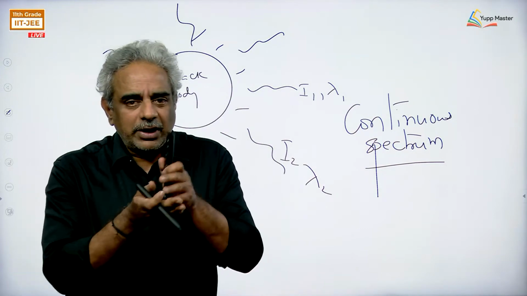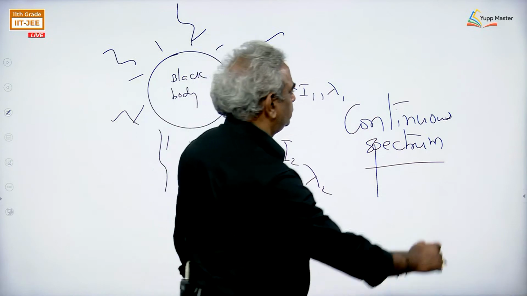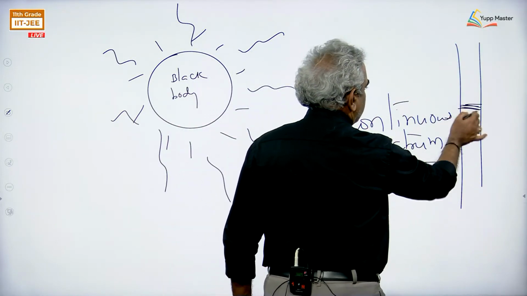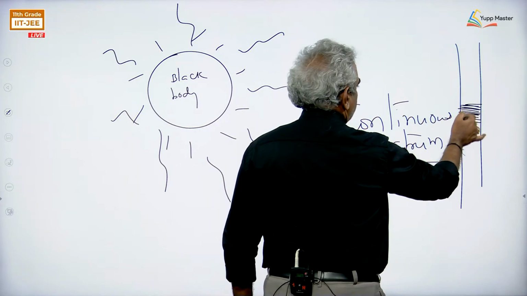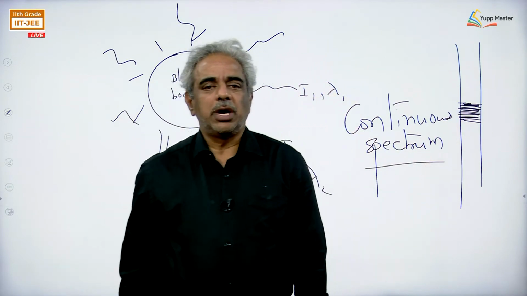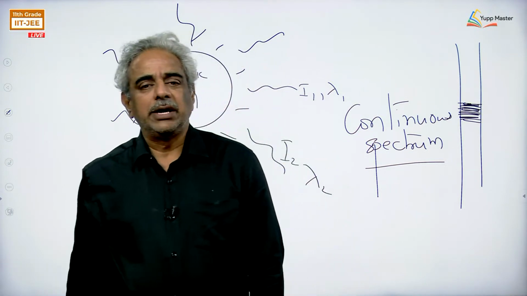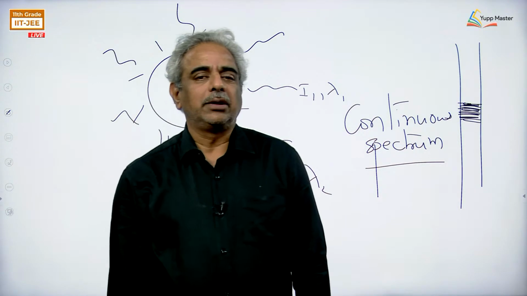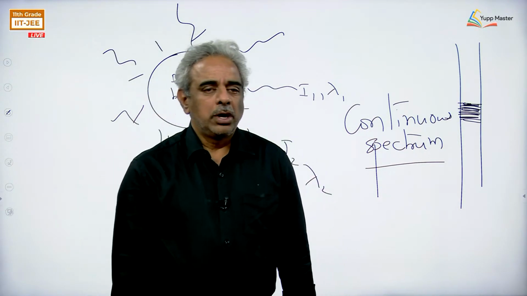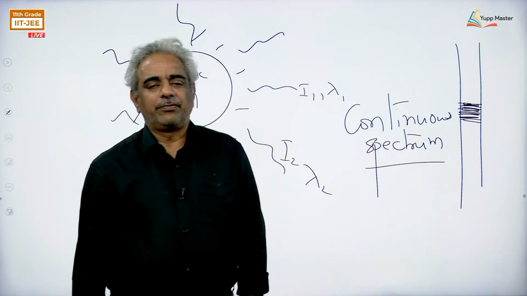So, once wavelengths are very close on the spectrum, you will find all the lines formed very close to each other, which appears as a continuous spectrum, just like your rainbow is a continuous spectrum. Will you find any gap between violet and indigo, blue kind of a thing? Nothing. So, it is a continuous spectrum. So, black body radiations give a continuous spectrum. It is from a solid.